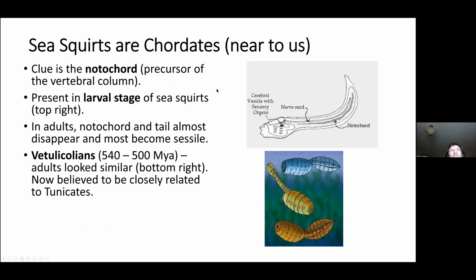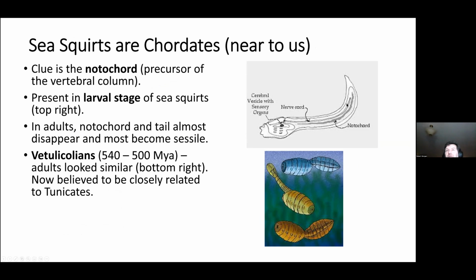So why are sea squirts thought to be closely related to vertebrates, things like fish and other backbone animals? Well, the clue is a thing called a notochord, which is basically like a precursor of our own vertebral column, our own backbone.